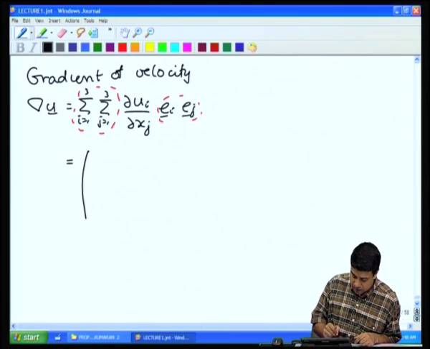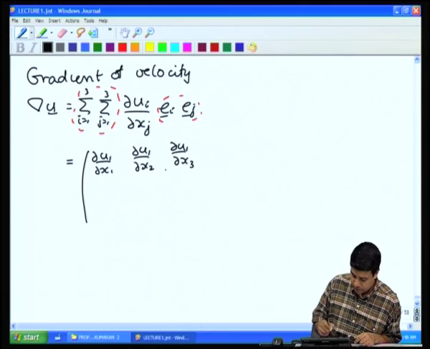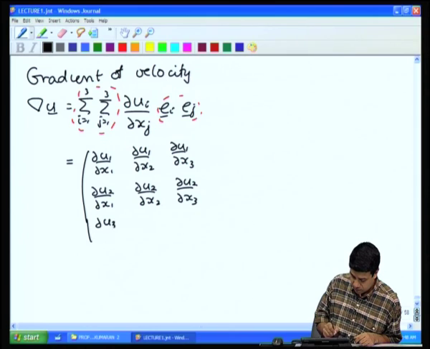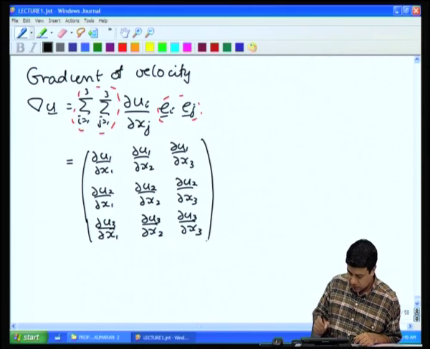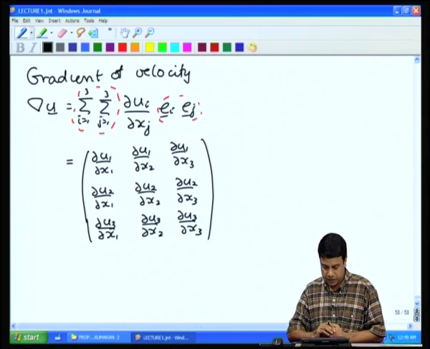I can write it in matrix form, partial u1 by partial x1, and so on; you can write it out in matrix form as well.